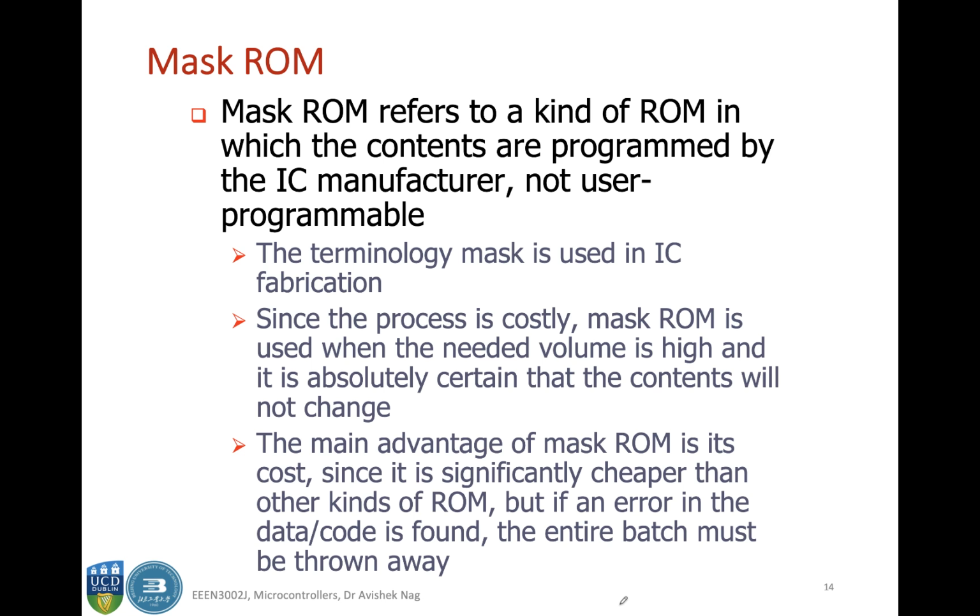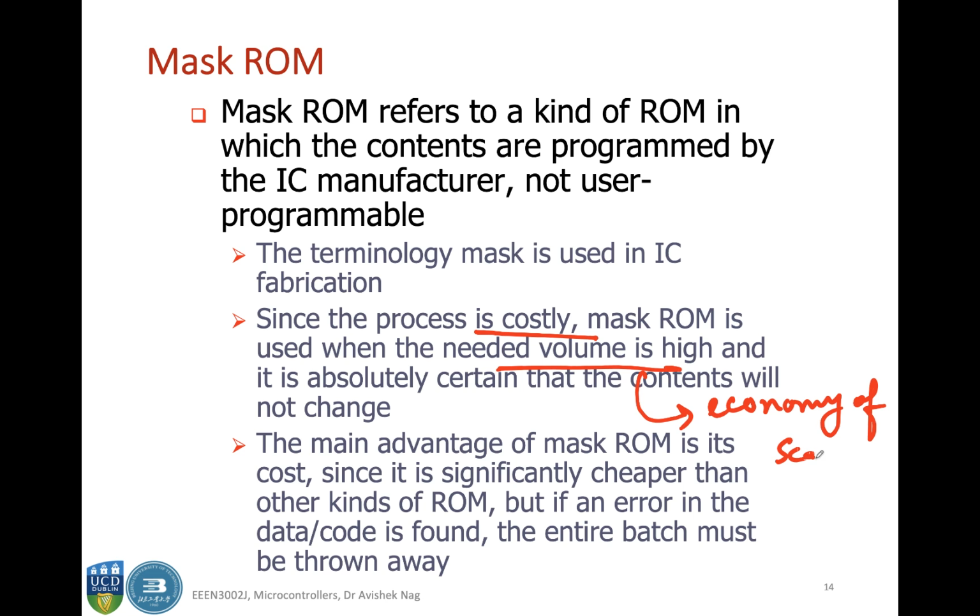So you might get confused here. The process is costly for sure, but mask ROM is used when the needed volume is high. When you are producing this costly item for a large volume, the cost per item gets reduced. This follows a concept in economics called economy of scale.